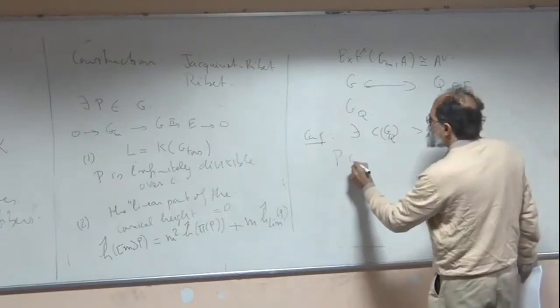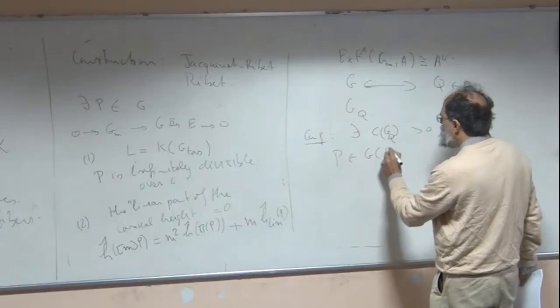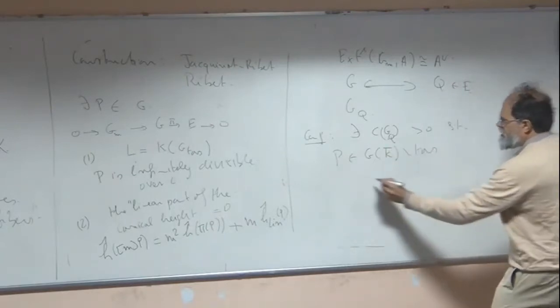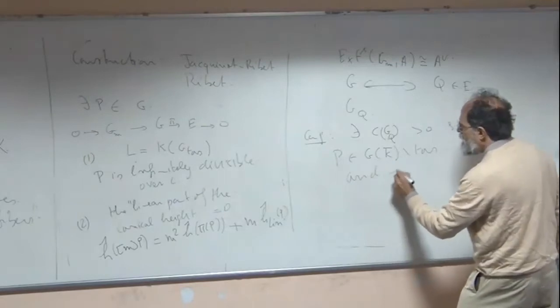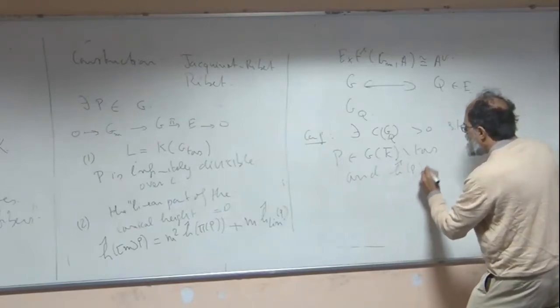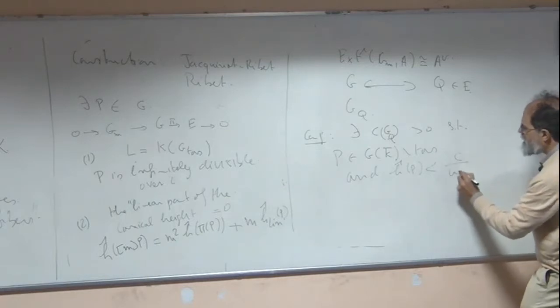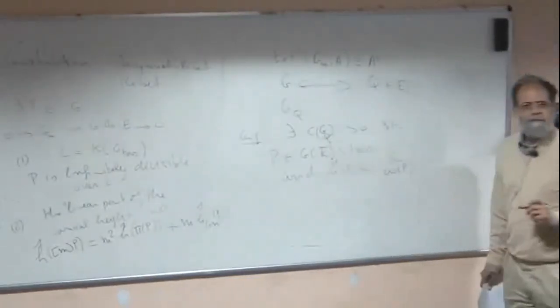If P is in G(K bar) minus torsion, and the height of P is less than what you expect, which is some constant divided by omega of P, as defined above.